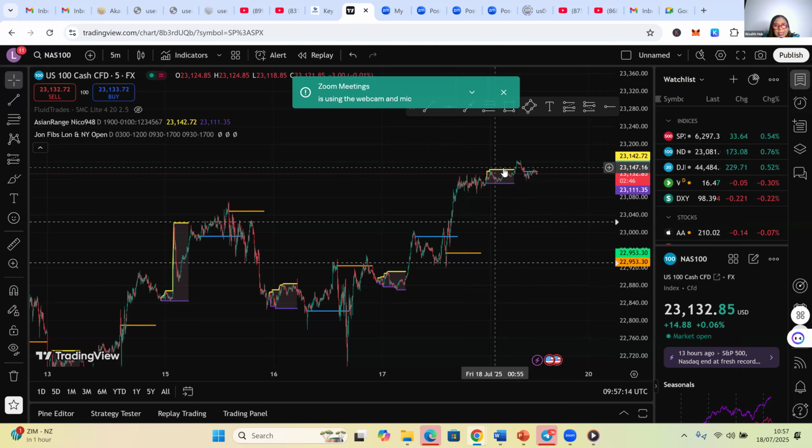Then you'll be able to know when anything is happening with the Asian range, if there is a breakout, because you're setting that alert for breakout. So when the Asian range forms, and there's a breakout onto the buy or onto the sell, you get this alert and you can quickly check your chart, and you can take that decision whether you want to take a buy or a sell.